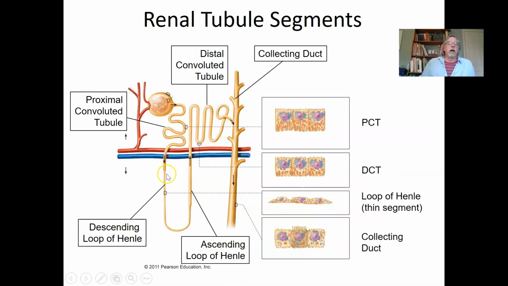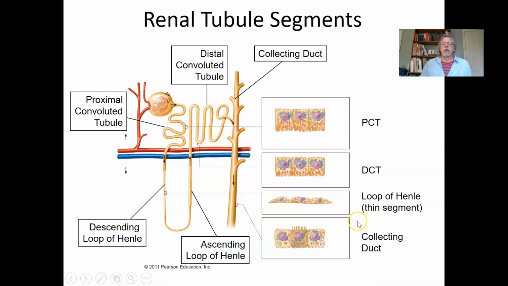The loop of Henle, however, has 2 main segments, a descending loop, descending into the medulla, and an ascending segment, which is coming back out of the medulla. And within this part of the loop, there is a segment that's relatively thin compared to the other parts of the tubule.